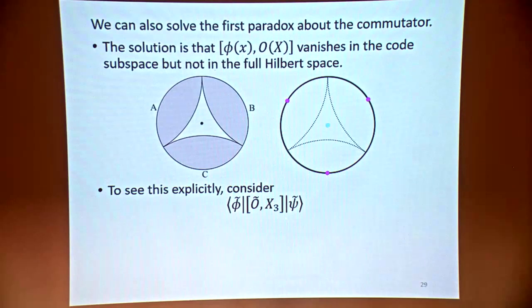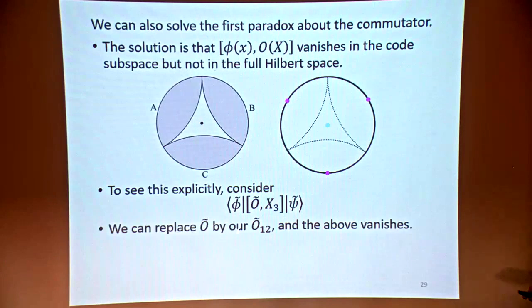If we just consider this commutator as an operator, it's not zero, but we can sandwich it using states in the code subspace. Once we do that, we can replace O tilde with a specific realization, for example, O12 tilde that we saw earlier. And once we do that, obviously O12 tilde will commute with x3 by definition.